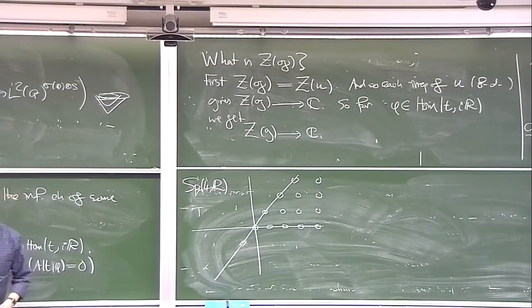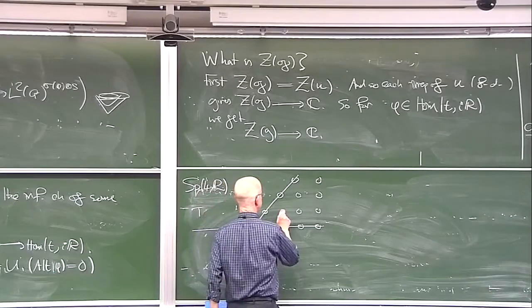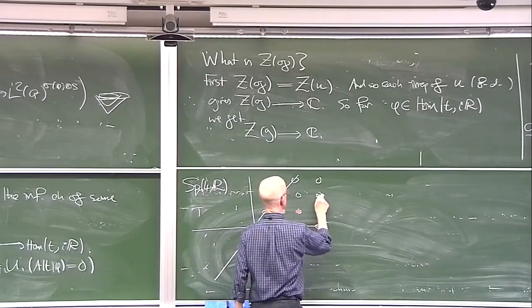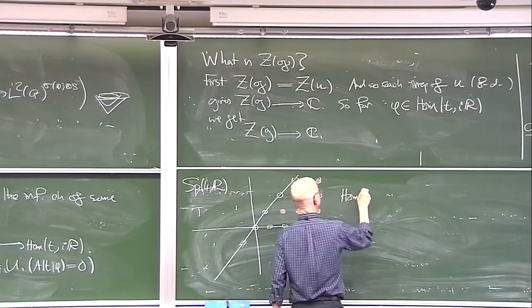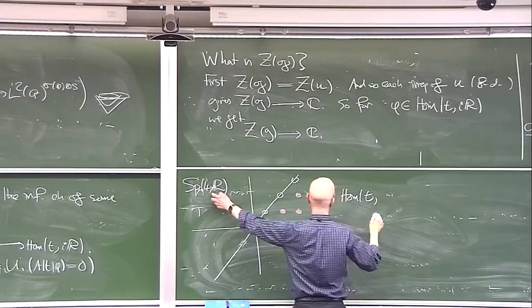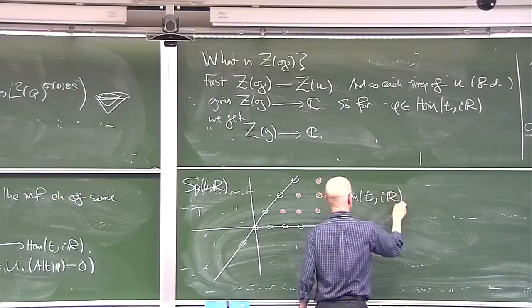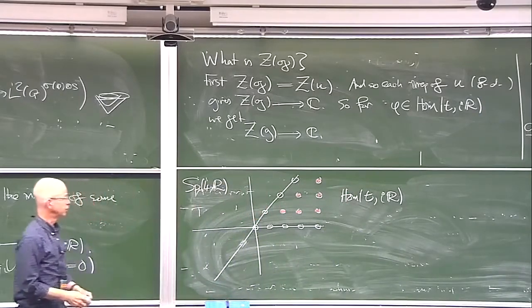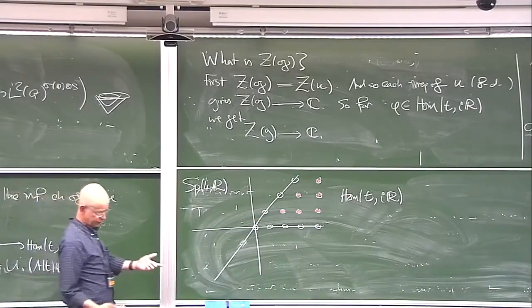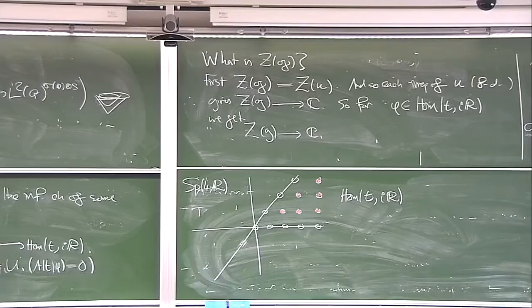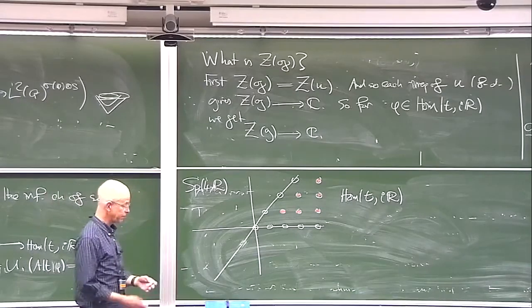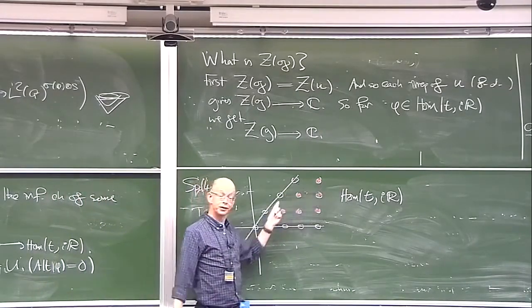So these ones here, which are regular, which are not on any wall, what I'm drawing here is a picture of the vector space of homomorphisms from the maximal torus inside of SP4 into i times R, some two-dimensional real vector space, and the red dots correspond to the irreducible representations of the group U, which is the compact symplectic group, the group of quaternionic unitary matrices. And the discrete series have infinitesimal characters, which are exactly these points here.